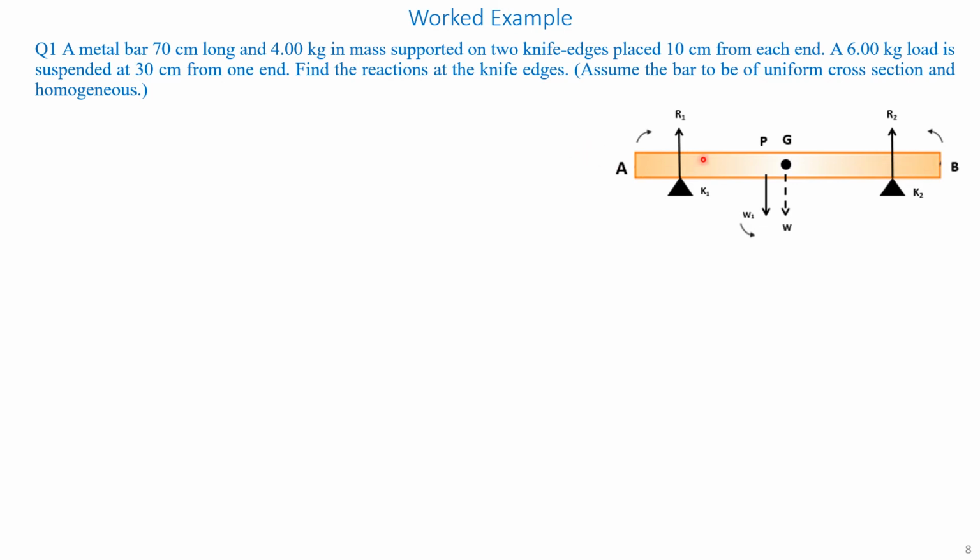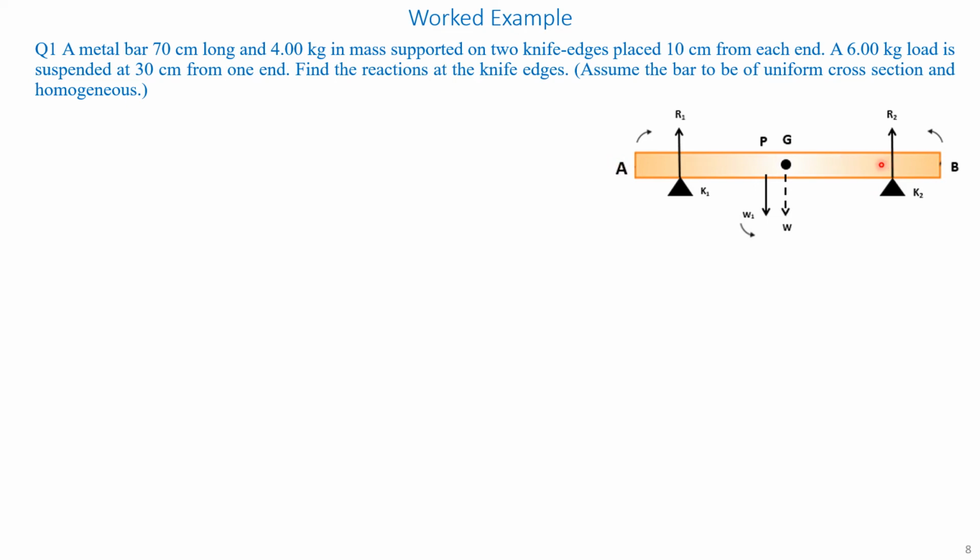The figure on the right hand side shows the rod AB. The positions of the knife edges are K1 and K2, and the bar is AB.